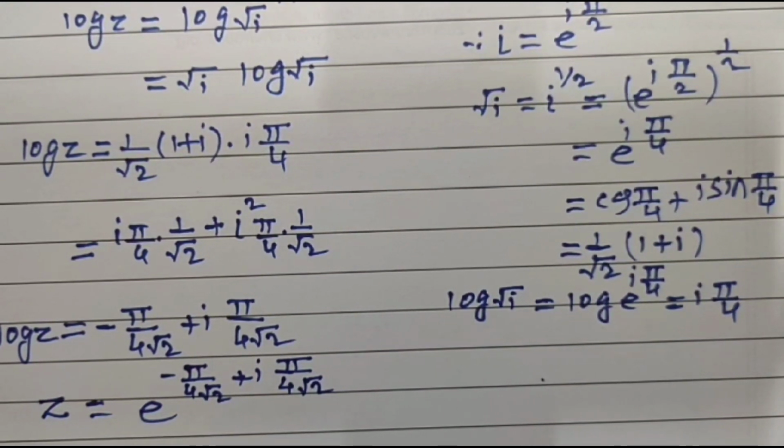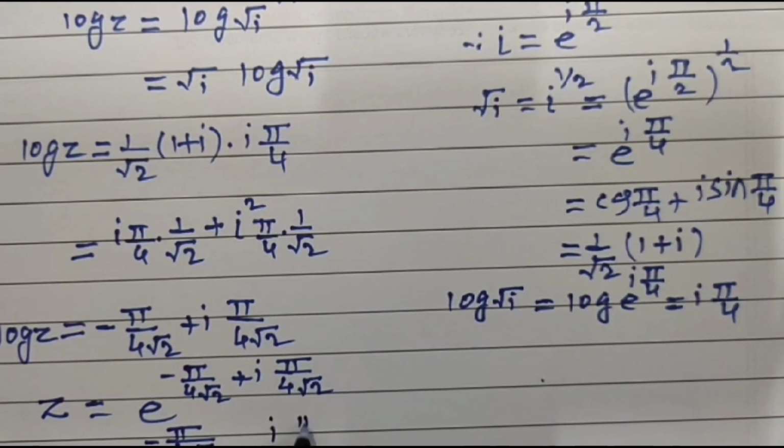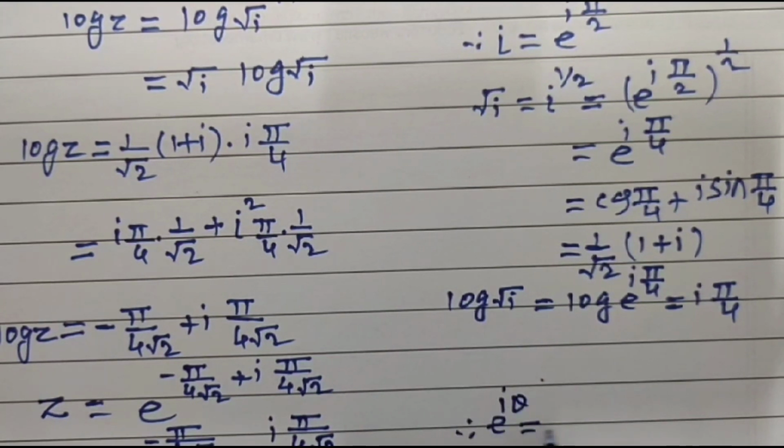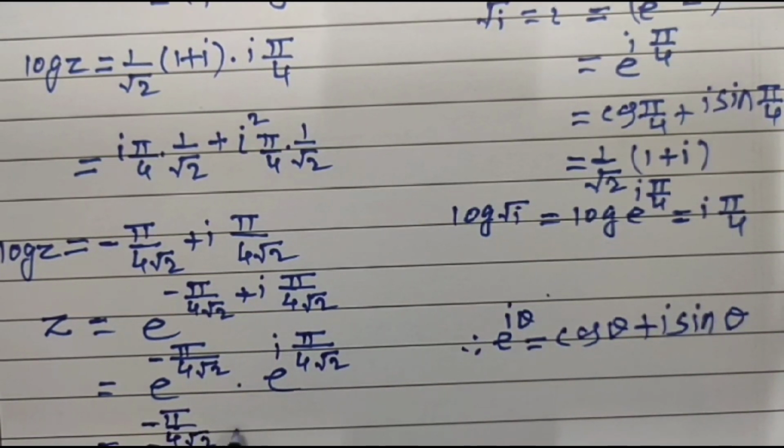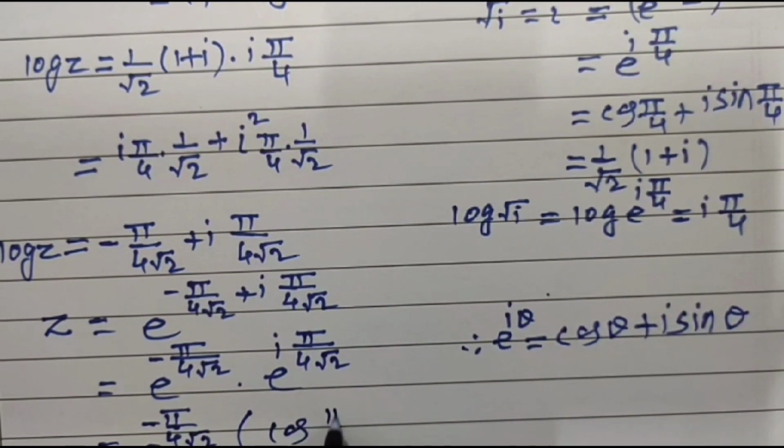So this is equal to e to the power minus pi divided by 4 root 2 into e to the power i pi divided by 4 root 2. But you know, e to the power i theta is cos theta plus i sin theta. Okay. So you can replace this: e to the power minus pi divided by 4 root 2 into bracket cos of pi upon 4 root 2 plus i into sin of pi upon 4 root 2.